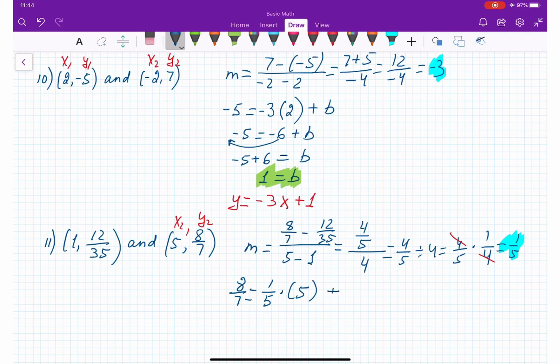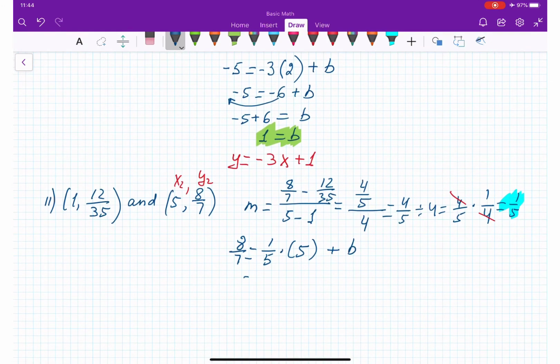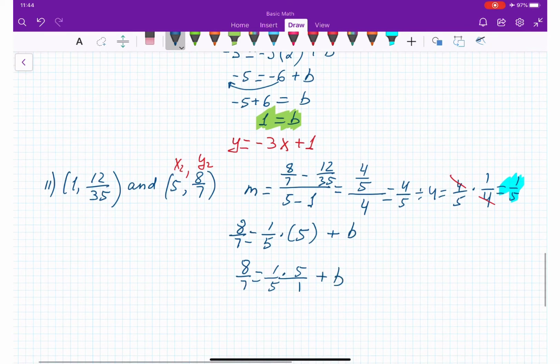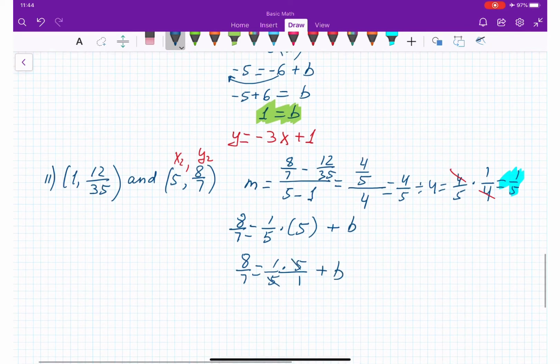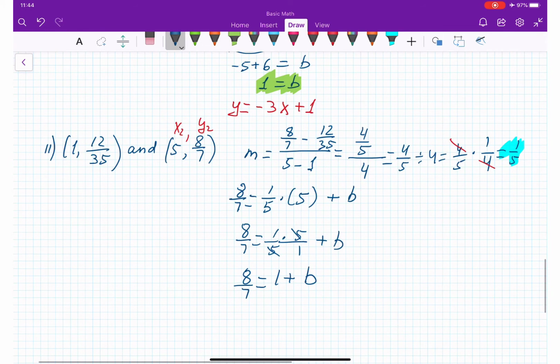Yeah, plus b. We need to find b. Okay, so 8 over 7 is equal to 1 over 5 times 5 over 1, because 5 is 5 over 1, right? Plus b. So this 5 and this 5 are gone. We get 8 over 7 equal to 1 plus b.